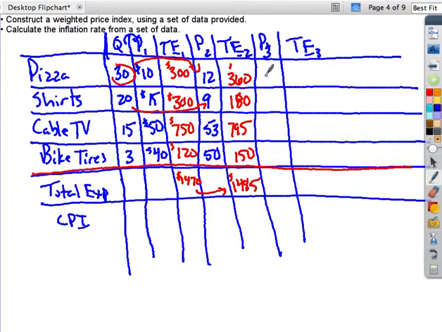Let's say the price of this goes to $14, then 16, and 55, and 50. All right, and then our total expenditure, 14 times 30.